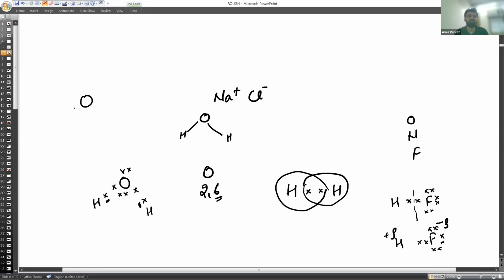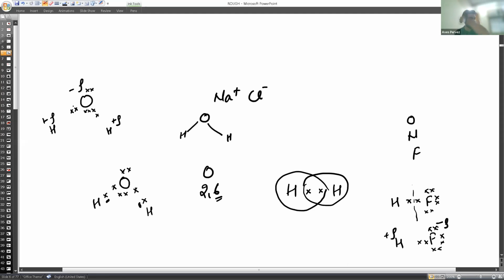As a result, the hydrogen has a slightly positive charge because its electron has shifted towards the oxygen, and the oxygen has a slightly negative charge.